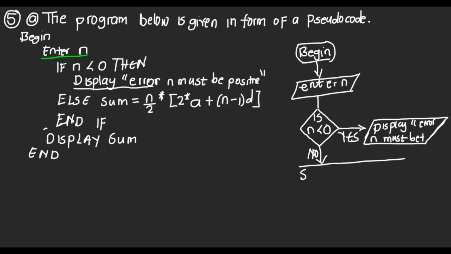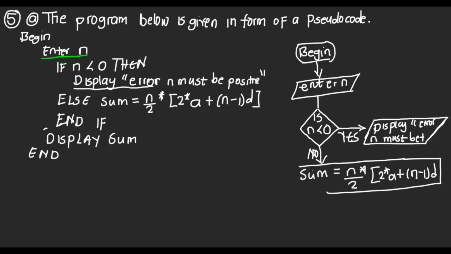So let us write the rectangle here. So say calculate sum, n over 2 times 2 times a plus n minus 1 d, then we enclose. After this, what comes is display, so we need to display.